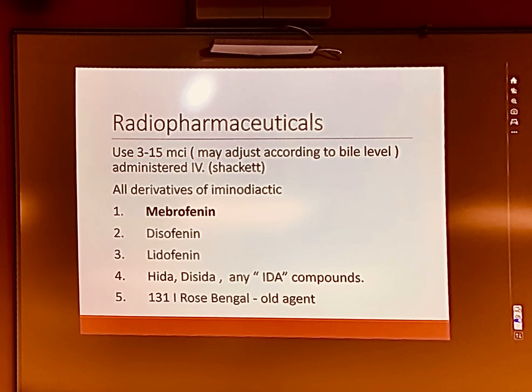Back in the day, we used something called rose bengal, and it was tagged to iodine 131, and it was a cholesterol derivative that was tagged to iodine 131 that would show you the biliary tree.